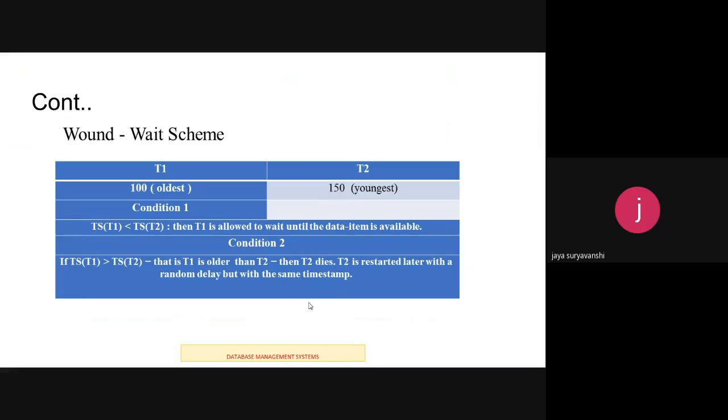But if the younger transaction requests resources which are held by the older one, the database allows the younger transaction to wait until the older transaction releases the resources. Okay. So here T2 will be in the wait state. Suppose the resources required by T2 are already assigned to T1. So this way it will work.